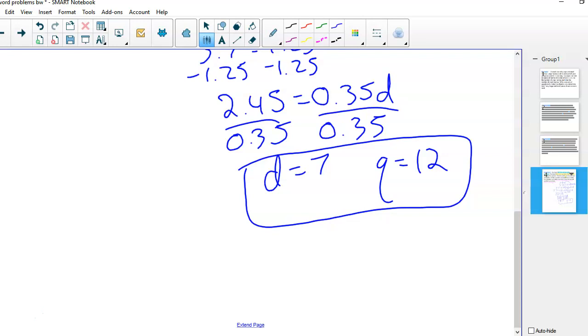Now, I do want to say this. Today we are going over the last way to solve systems, by elimination.